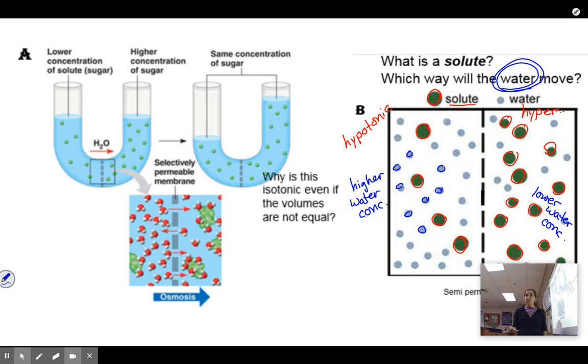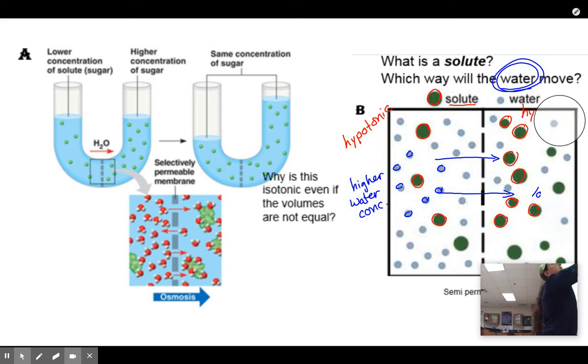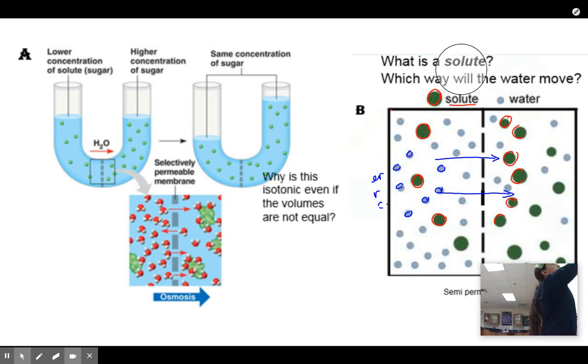Water moves through osmosis. And remember, osmosis is just a specific type of diffusion. And diffusion is always movement from high concentration to low. So water is going to flow down its concentration gradient like any other particle. So it's going to move from where there's high concentration to low concentration. And the water would move to the right. Just a couple more examples here to take a look at and think about.